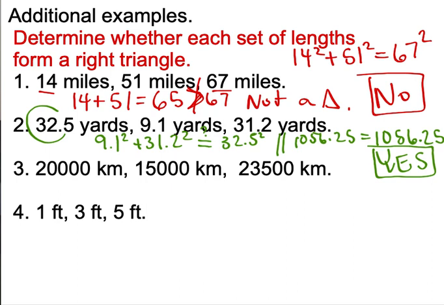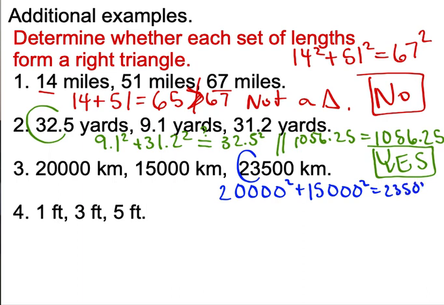Okay, next one. 20,000 kilometers, 15,000 kilometers, and 23,500. We would set this up with the longest as the hypotenuse. So we're going to do 20,000 squared plus 15,000 squared equals 23,500 squared.